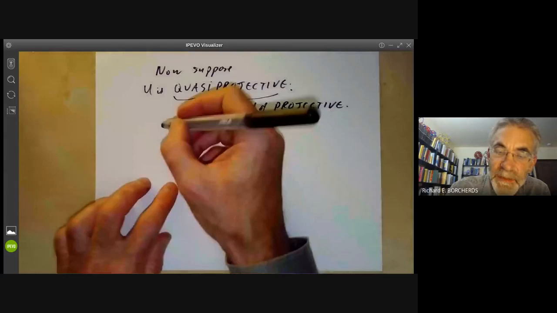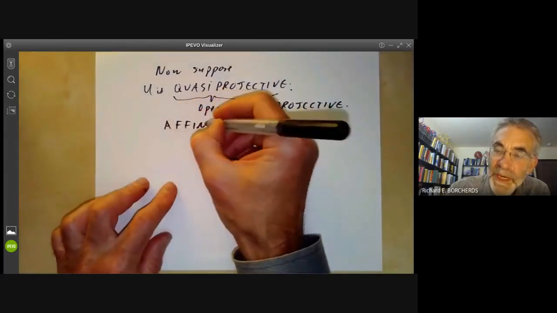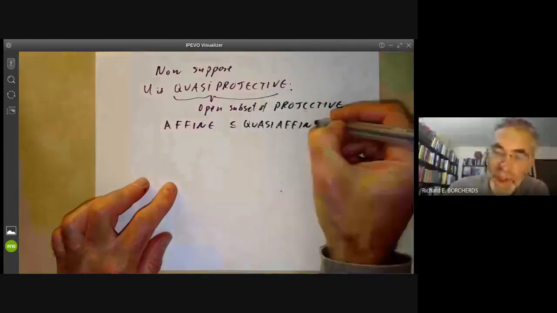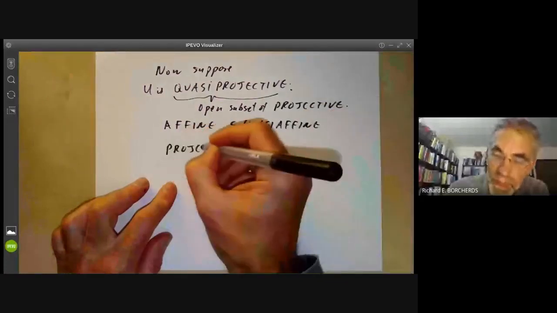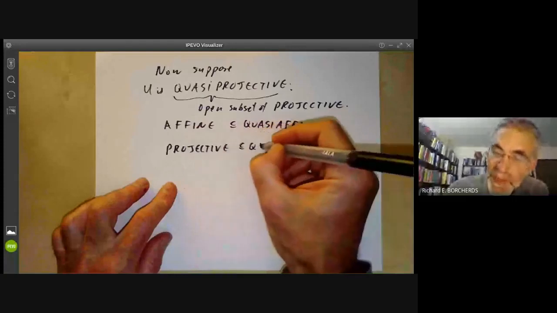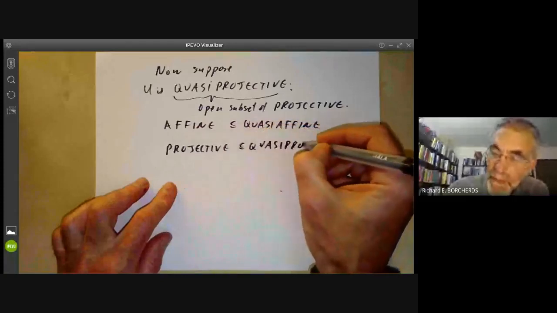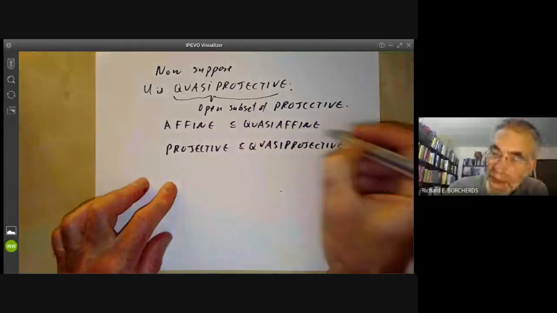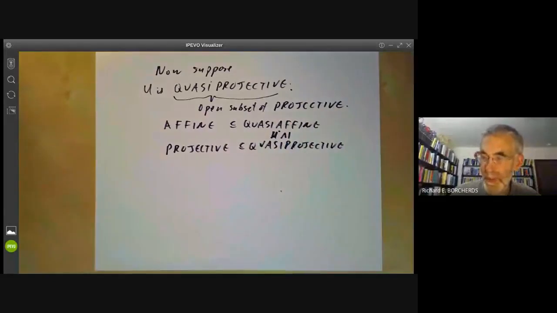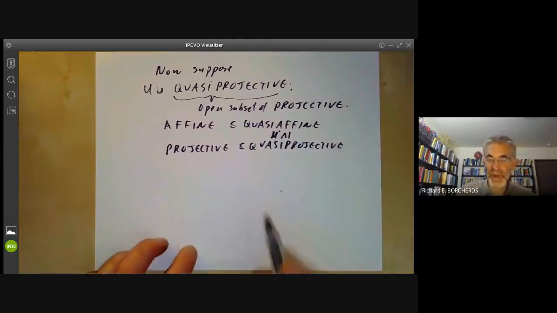We've got affine varieties, which are special cases of quasi-affine. And we've got projective varieties, which are special cases of quasi-projective, and quasi-affine are in fact special cases of quasi-projective varieties, because any affine variety is an open subset of a projective variety. So quasi-projective are the most general sort of things we have.